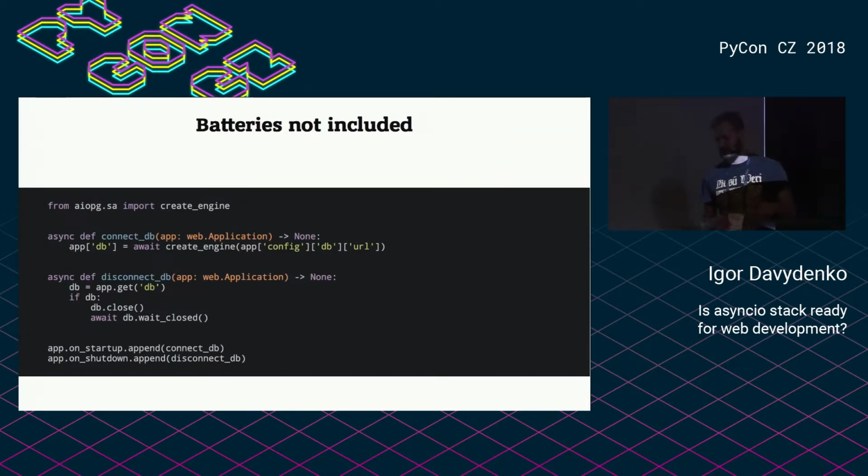The big difference between aiohttp and Django is that batteries are not included, and that's a very good point to remember. Batteries are not included, so you need to instantiate your connection with the database. You need to connect to your data sources by yourself. A very similar approach to Flask, but a completely different approach from Django.